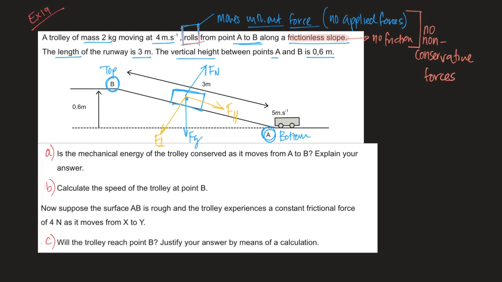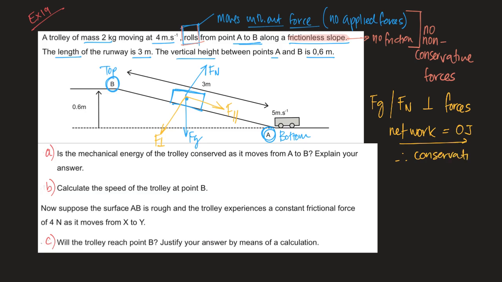If that's the only forces, I know that Fg and Fn are perpendicular forces, and perpendicular forces mean that your net work is equal to 0 joules because I have conservation of energy. That's what's happening so far. The fact that it only has perpendicular forces is what this "rolls" tells me.